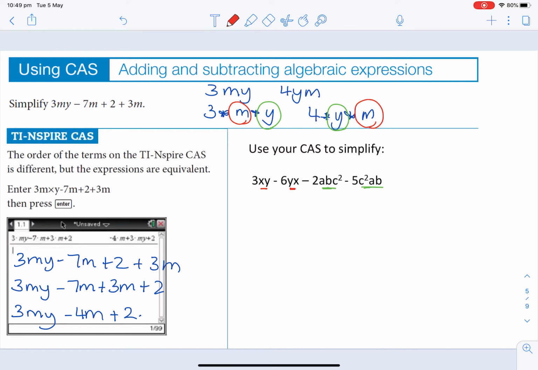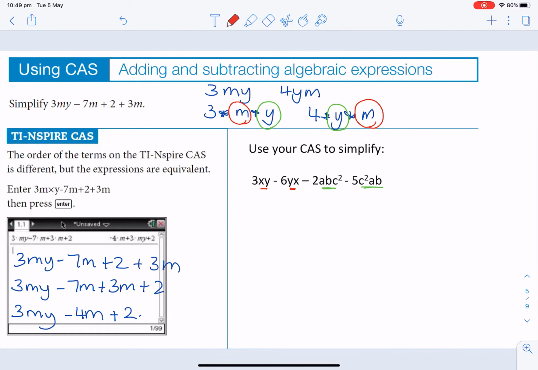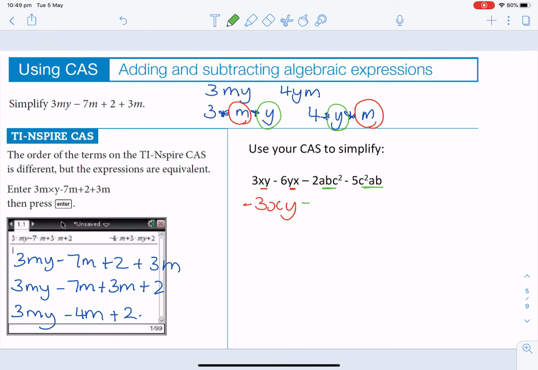So if I was to write this out by hand, I would do 3xy minus 6yx. 3 take 6 is minus 3, and xy. yx, xy doesn't make a difference. Then I would subtract.